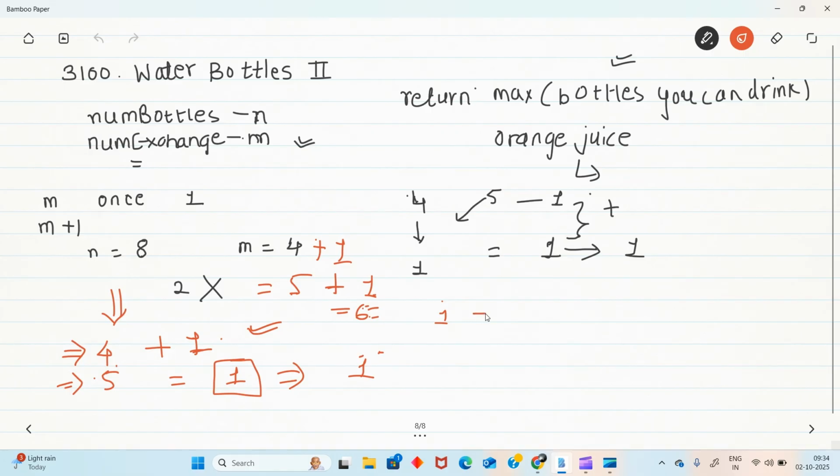But here we will just subtract. n minus m will be the remaining bottles. I'll get my remaining bottles.